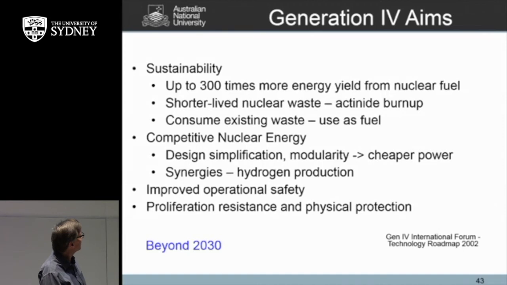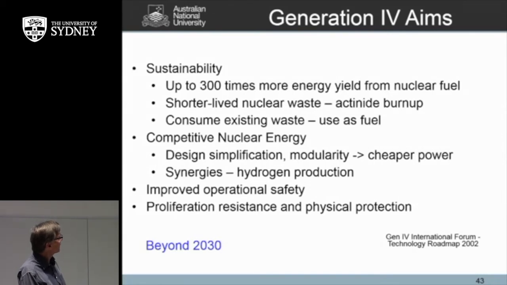Competitive nuclear energy, so looking for design simplification, modularity, cheaper power, to try to get over this obstacle at the moment where a nuclear power plant has a huge upfront investment cost. Synergies for process heat, hydrogen production.